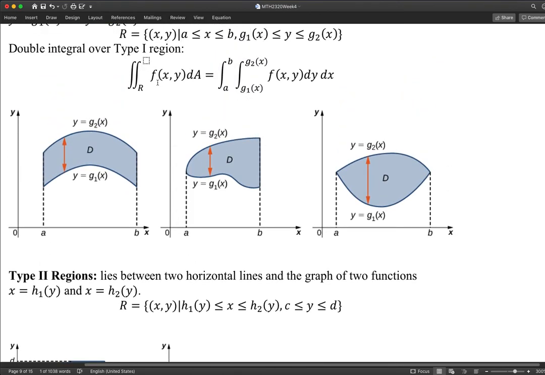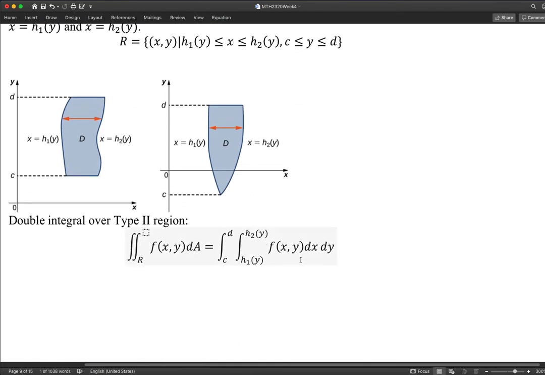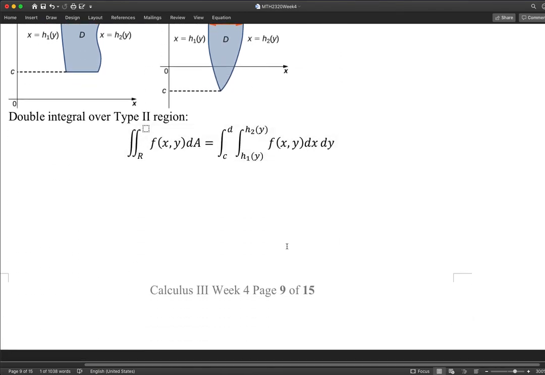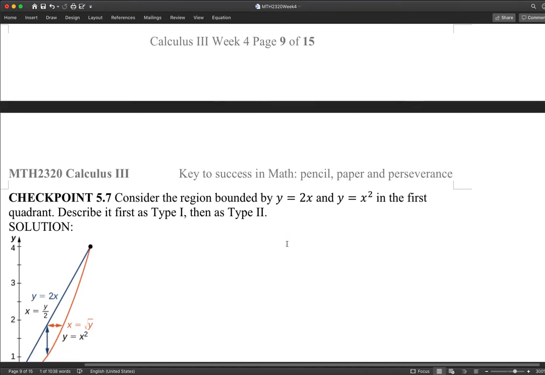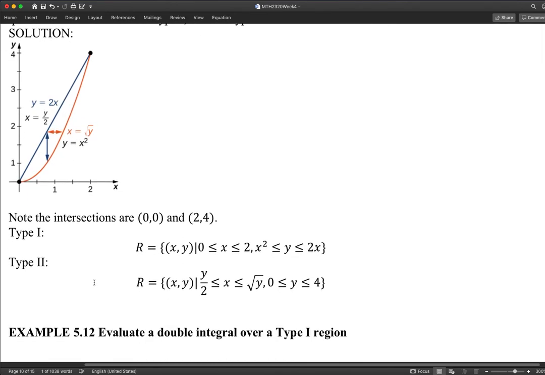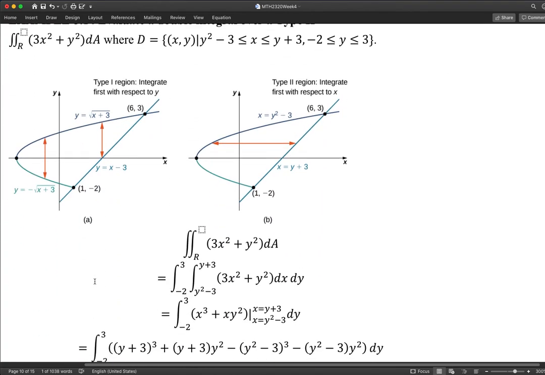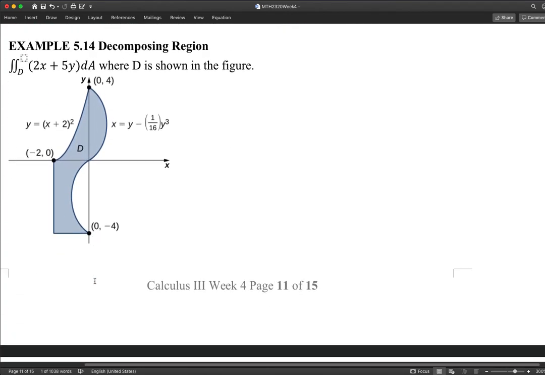Okay, how to evaluate a double integral as an iterated integral in type 1, an iterated integral in type 2, and also some things beyond that. You may want to know that many times we may have a region that can be considered type 1 and type 2. And also the last example I just finished.